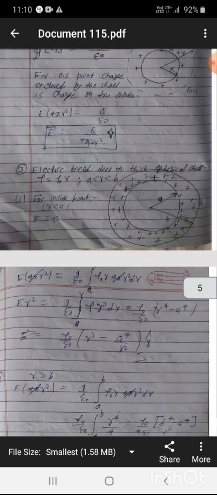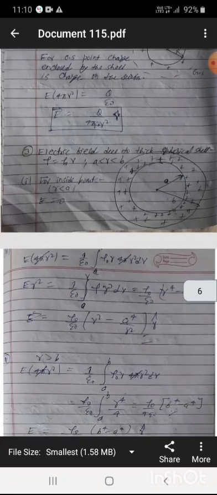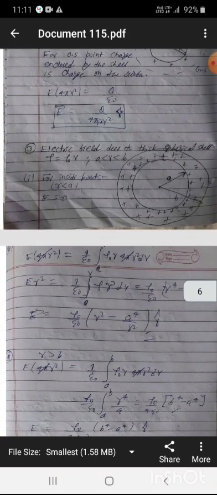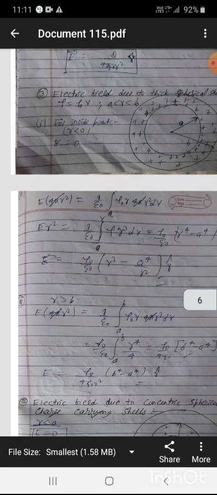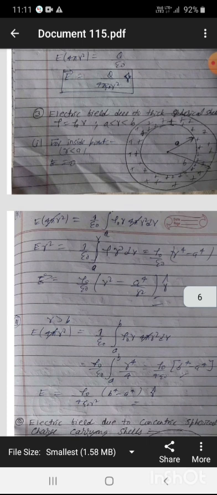Now let's talk about electric field due to a thick spherical cell. Consider a thick spherical cell of inner radius small a, outer radius small b. Now for inside point, once again you can draw a Gaussian surface. Electric field would be 0 for r less than a. For r greater than a but less than b, let's draw a Gaussian surface of radius small r.